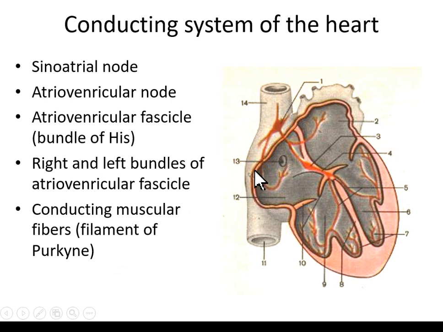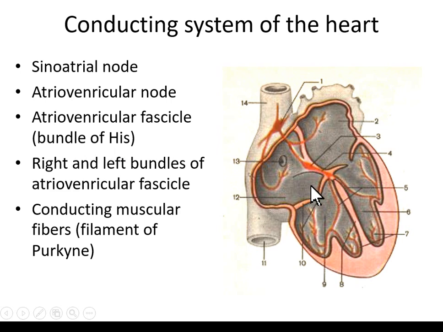Here we can see the sinoatrial node, between the opening of the superior vena cava and the right auricle. The atrioventricular node is on the inferior third of the interatrial septum.